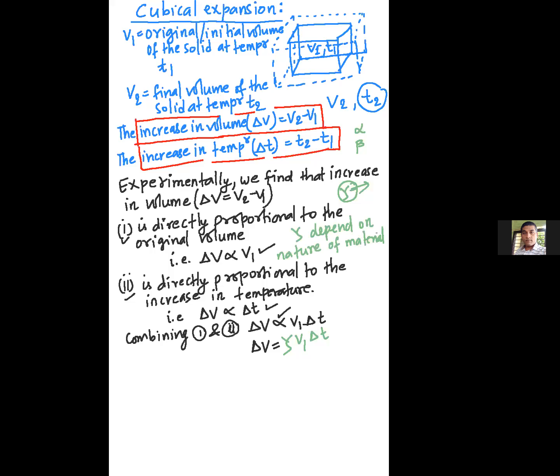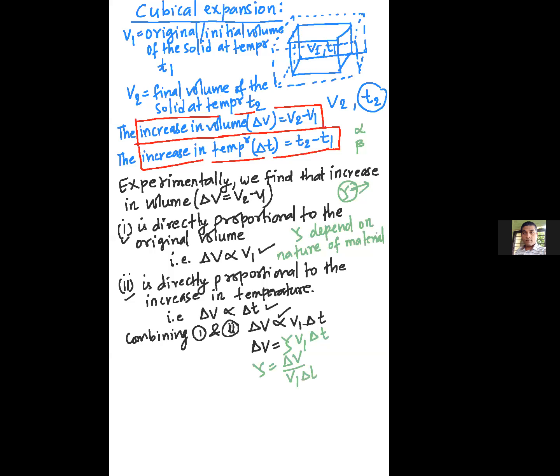Now, what is the unit for gamma? This is a very simple expression, so we can simply write gamma equals delta V divided by V1 delta T.